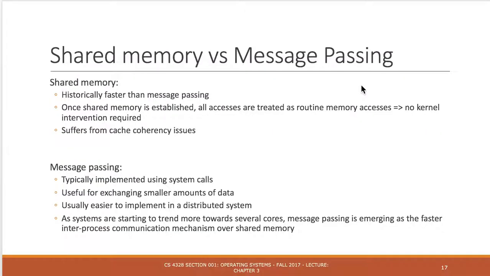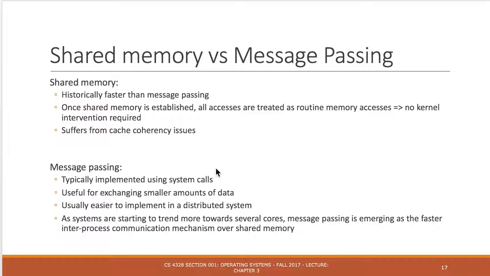Now, let's up-level this conversation for a couple of minutes and discuss the pros and cons of shared memory versus message passing as paradigms for inter-process communication. Shared memory historically has been deemed, and measured to be, the faster way for inter-process communication.